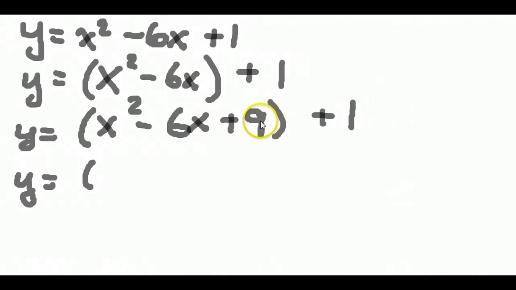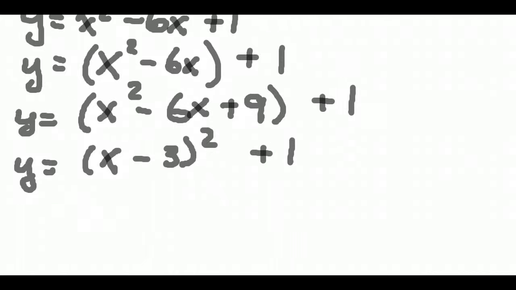So we basically take our c term, which is 9, take the square root of that, then that'll tell us what our second term is, our h term. So we get (x minus 3) squared plus 1. So now that is in proper vertex form.